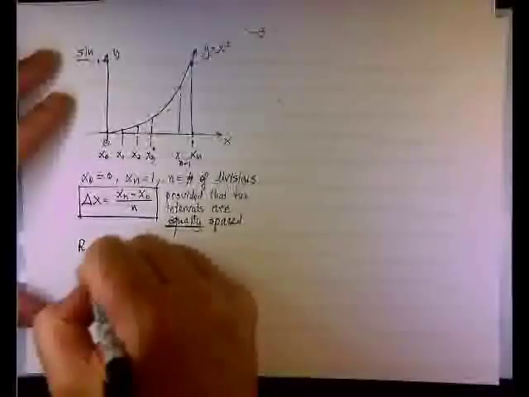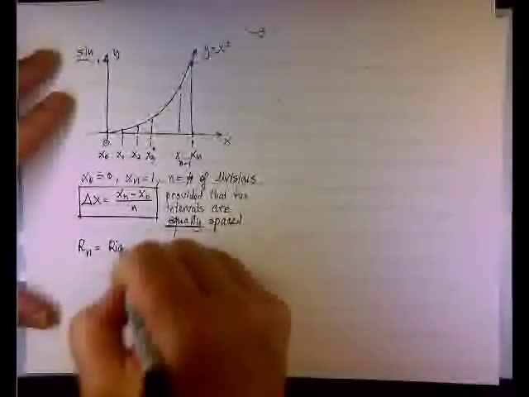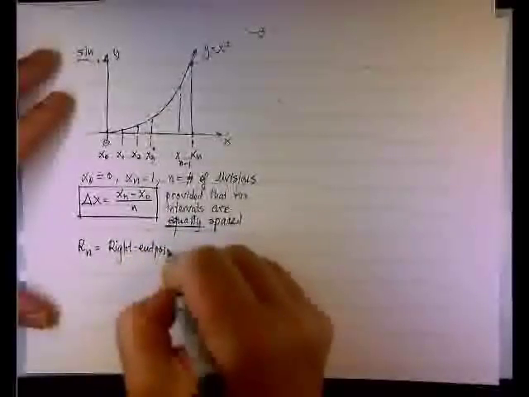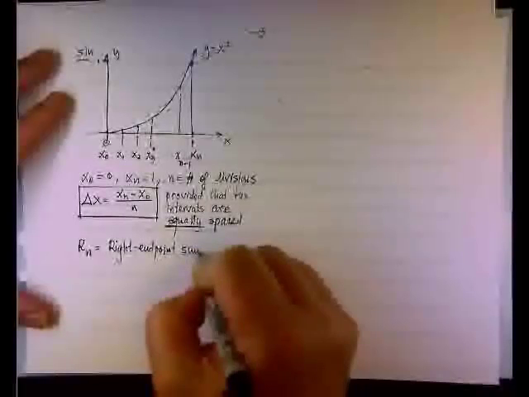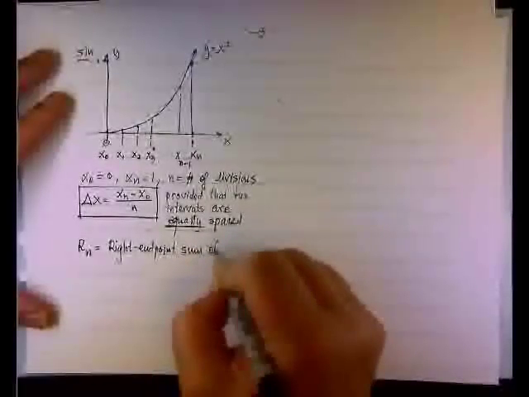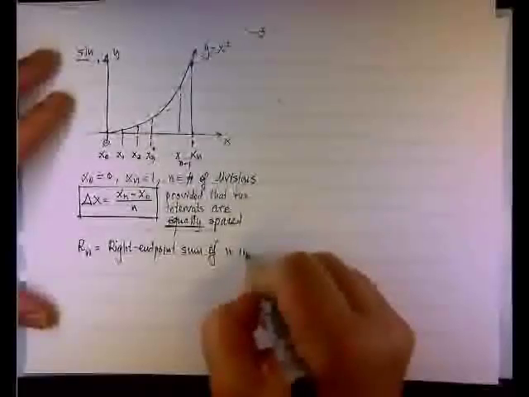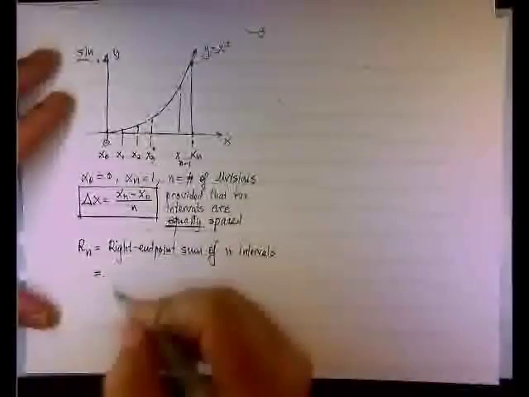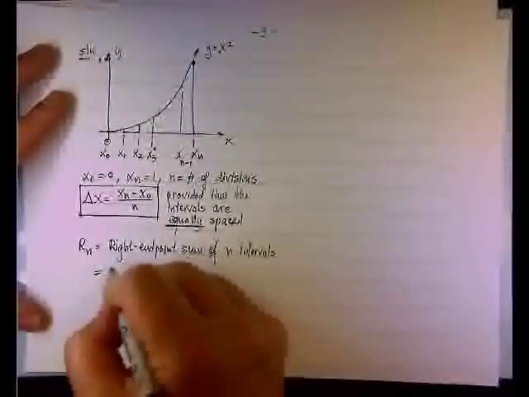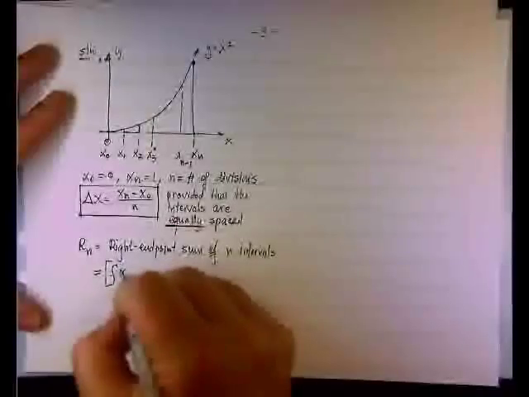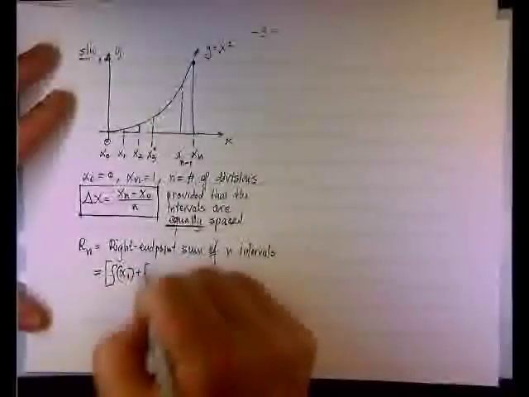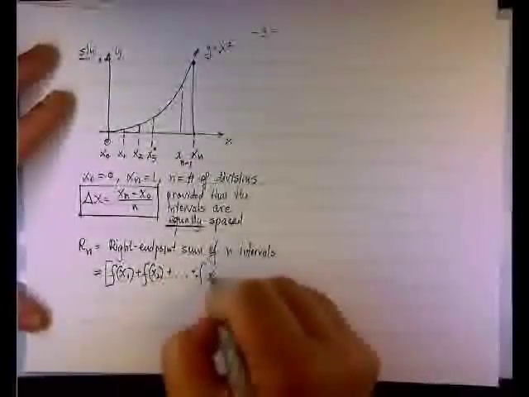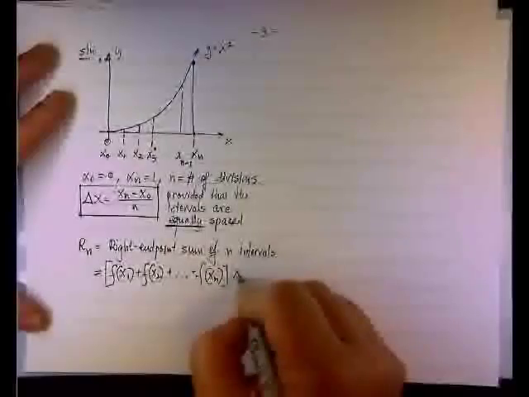Now, let's do the following. We're going to say that r sub n will be the right endpoint sum of n intervals. Okay? And what is it equal to? It's equal to f of x sub 1 plus f of x sub 2 plus dot dot dot plus f of x sub n, times delta x.